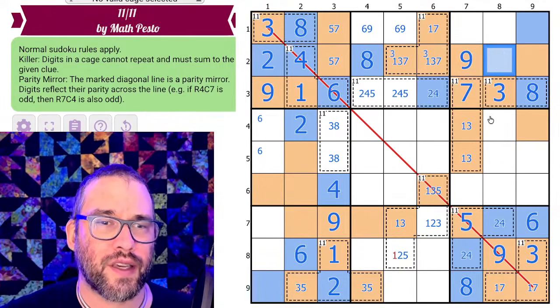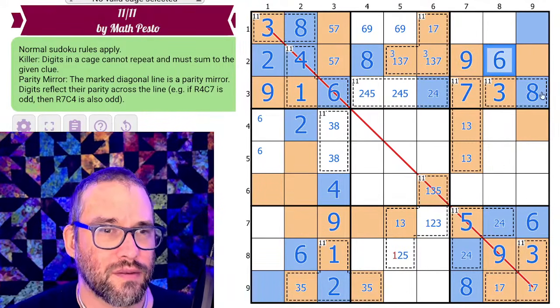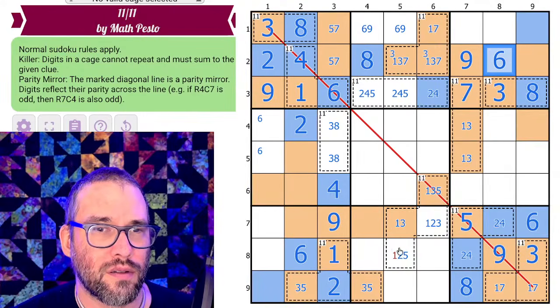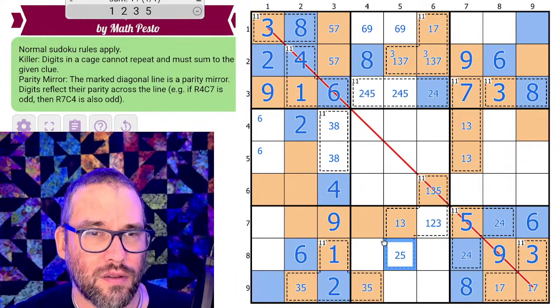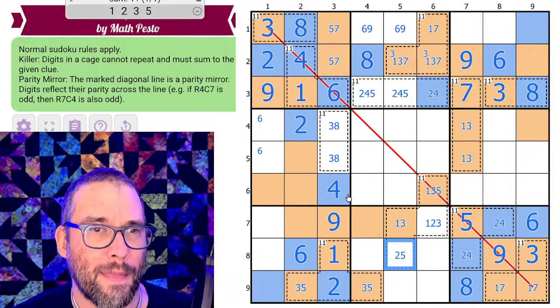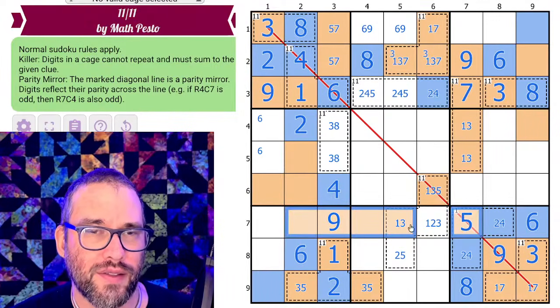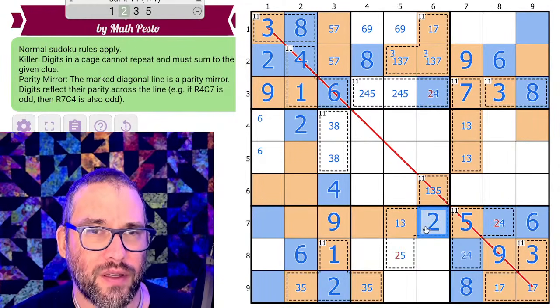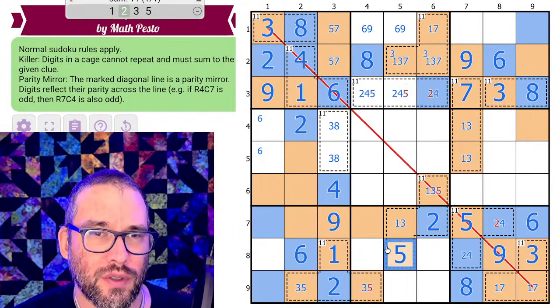And this is a 6. This is now all the odd digits in the row. So these are even, and that one's 2. So that's 5.